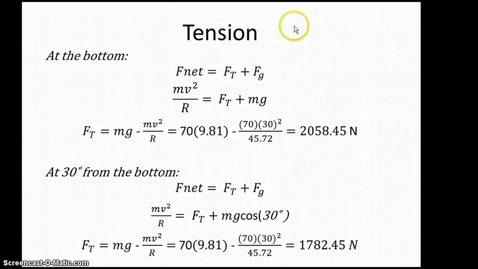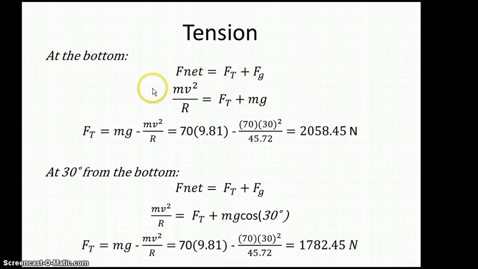Next, we find the tension. We know that F net is equal to the tension force plus the gravitational force. And from a previous lab, we know that at the bottom of the circle, F net is equal to F perpendicular, and F parallel is equal to 0. So we know that mv squared over r equals F net, which equals the tension force plus mg, the gravitational force.